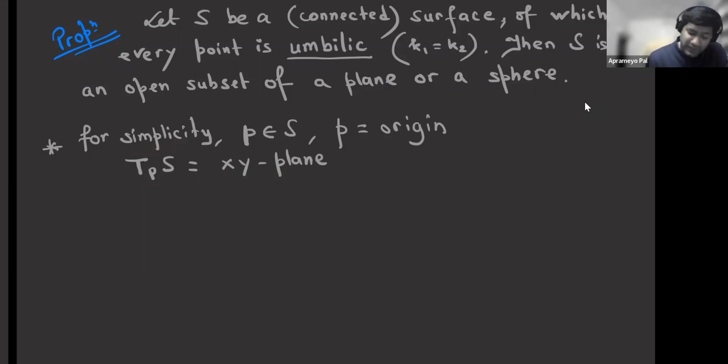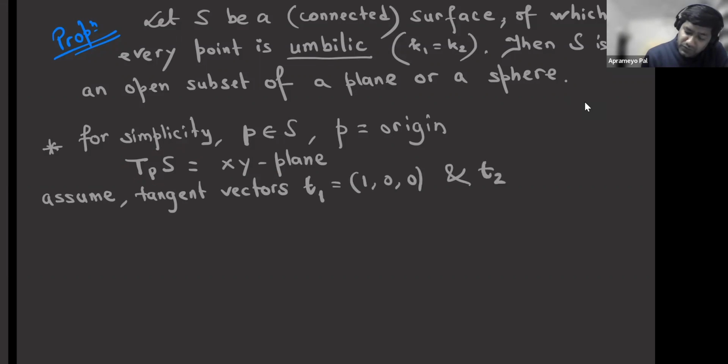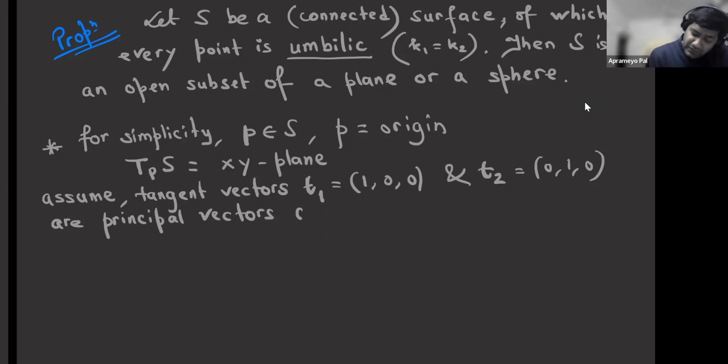Let me continue with the assumptions. Further assume the tangent vectors T1 is (1, 0, 0) and T2 is (0, 1, 0). So they are actually principal vectors corresponding to principal curvatures kappa 1 and kappa 2.